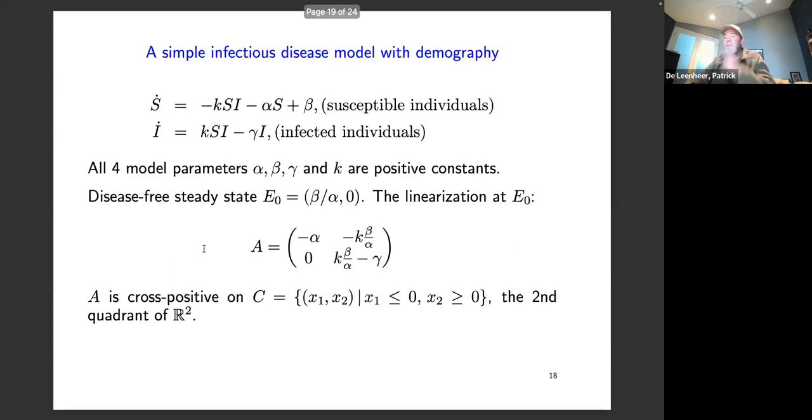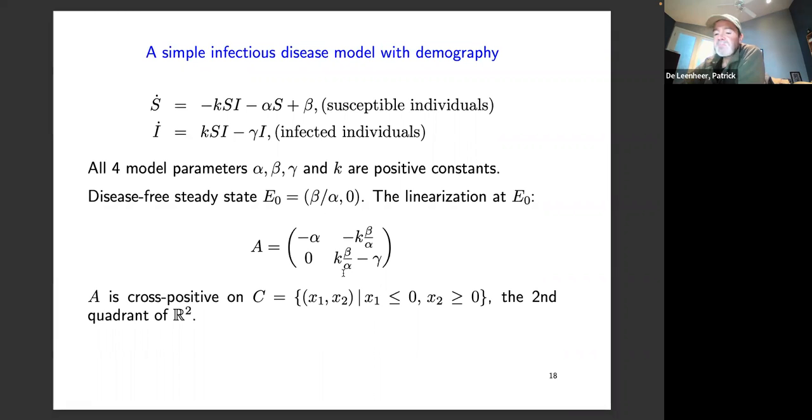Okay, so here's the model. The CRN model has 4 parameters, alpha, beta, gamma, and K, positive constants for now. As a disease-free steady state, beta over alpha, just set I equal to 0 and solve for the steady state, and you'll have this steady state. Now you linearize this model there, and you get this 2x2 matrix.